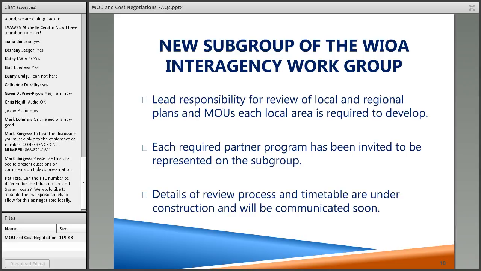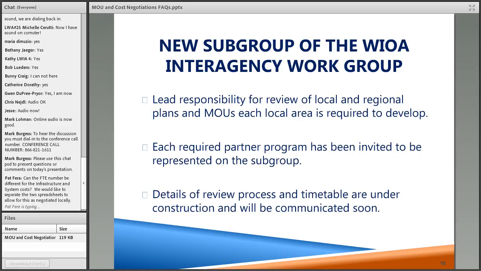This group has met once, last Friday, and the details of how this is going to work and the timetable are in process. There will be a communication, we hope very soon, that will describe for everyone how, at the state level, the review of regional local plans and MOUs is going to work, what you can expect that process to look like, and the timing of it.